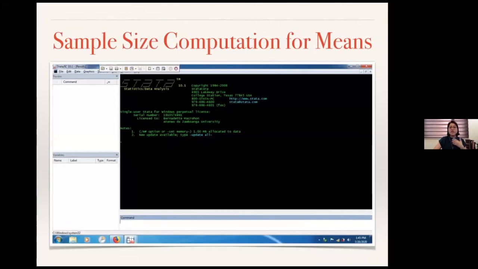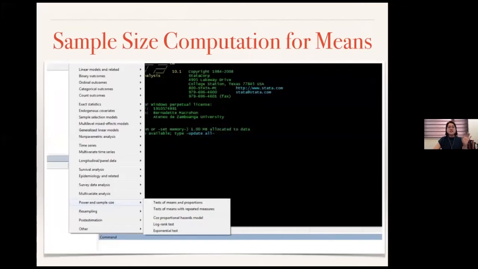I personally use Stata. Stata is a software, a program for statistical analysis. What's nice with Stata is if you look here at the bottom, you have power and sample size computations for both proportions, like in EpiInfo, and for means.